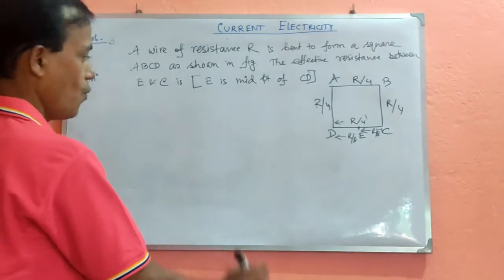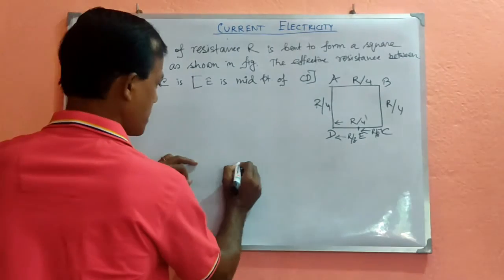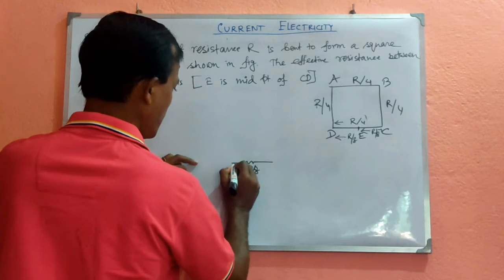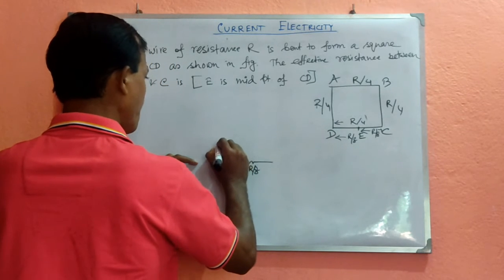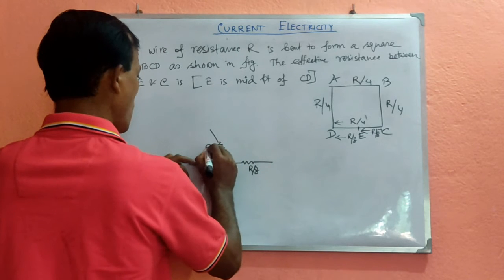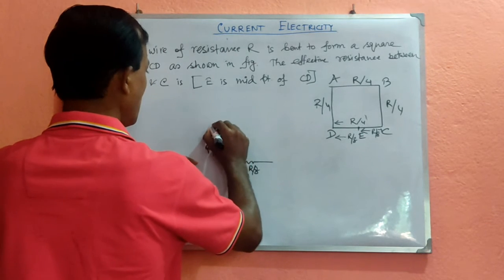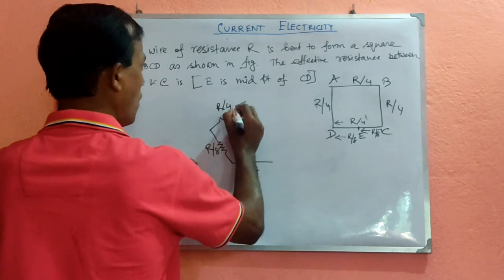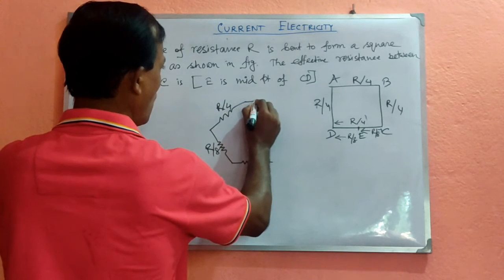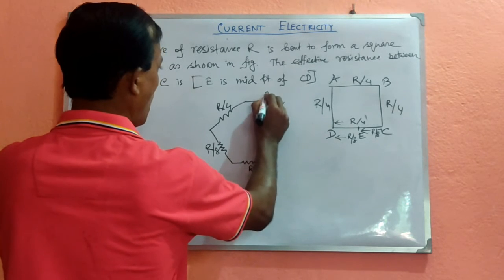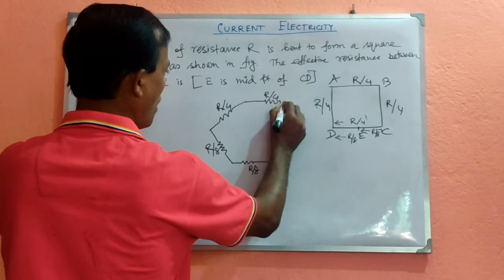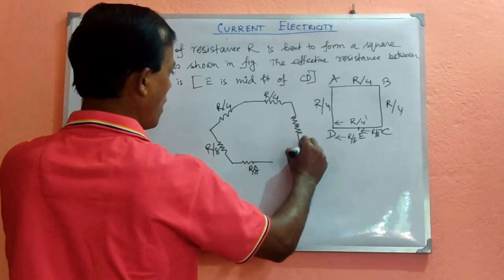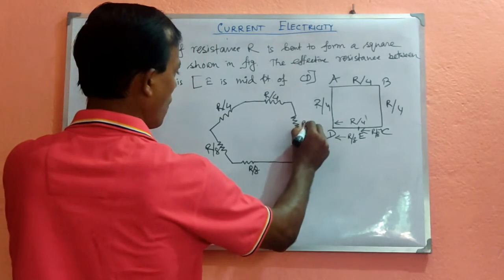So this part becomes R by 8, and also this becomes R by 8. Now we have to modify the circuit like this: R by 8 here, this is also R by 8. Now then R by 4, R by 4, R by 4.